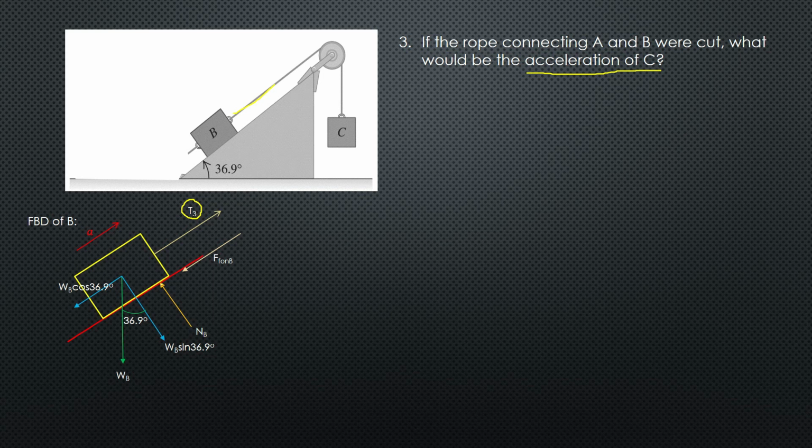The normal force is perpendicular to the plane, and if I assume the acceleration or motion of this block is going downward, this is the direction of acceleration, so block B will slide up based on my assumption.